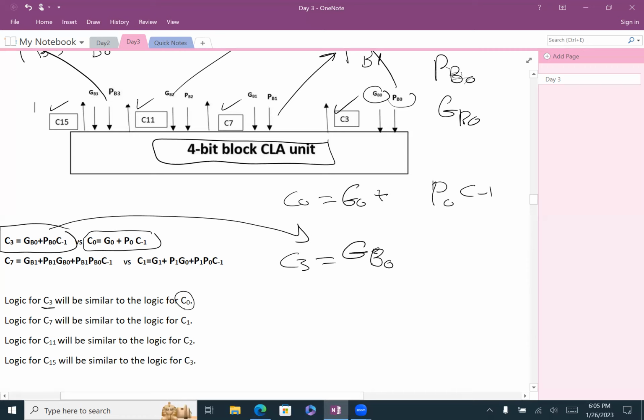And this block usually will find the GB0 and PB0. So when you will have C3, you generate it at this block, or it's coming from outside. So what will the equation be? You just propagate it through the whole block, and C minus 1. It's similar, right? But now we're looking at the bigger one.